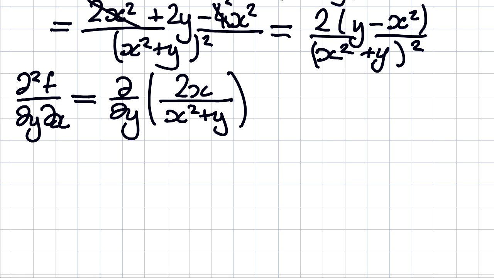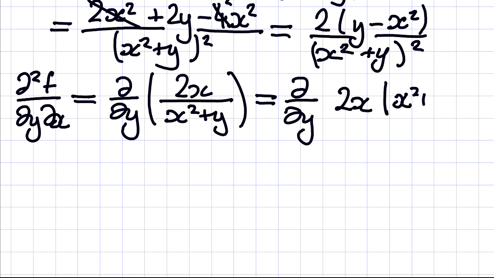Now remember, I'm treating x as a constant because I'm differentiating with respect to y. So I can tie this up a bit more. So this is d by dy of 2x, which I'm just treating as a constant, times x squared plus y to the power minus 1.